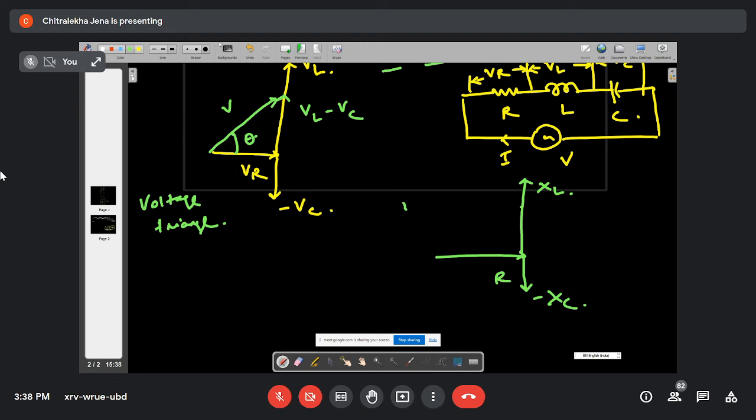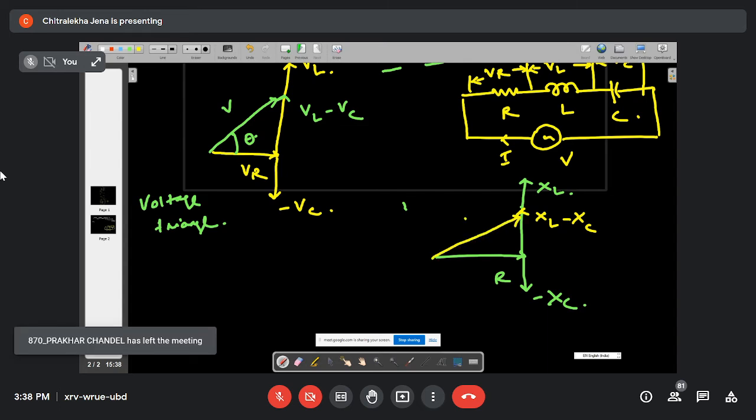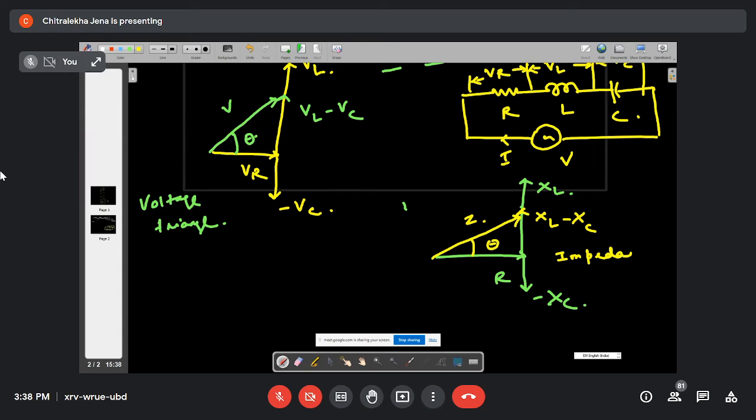This one will be your XL minus XC. Then this one will be your impedance Z. This is my impedance triangle, right? So now from this, what is your supply voltage? V is equal to how much?